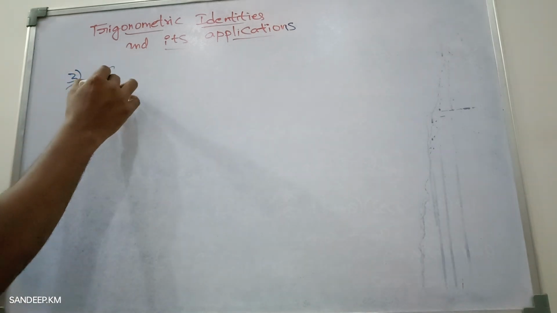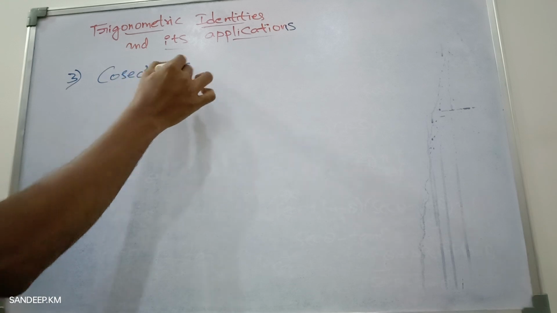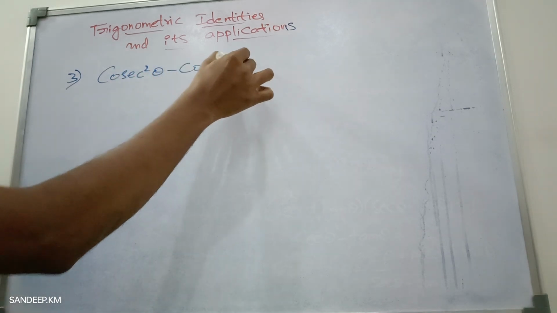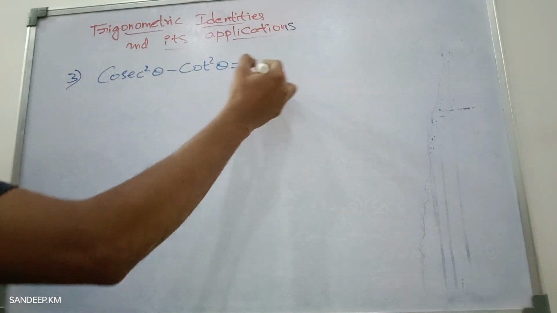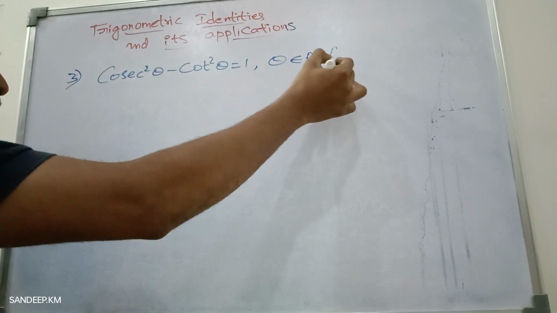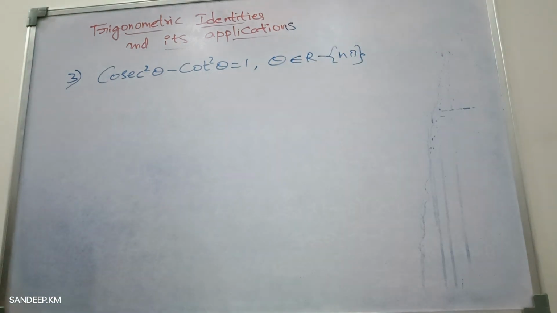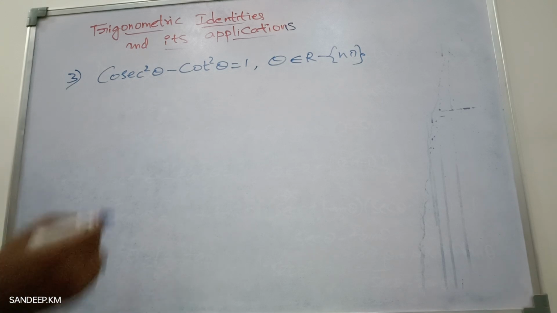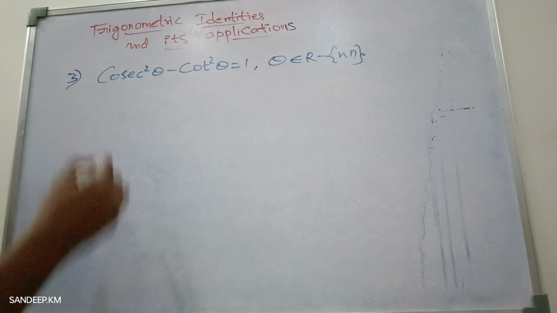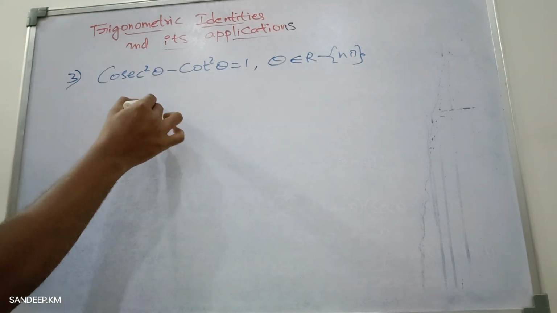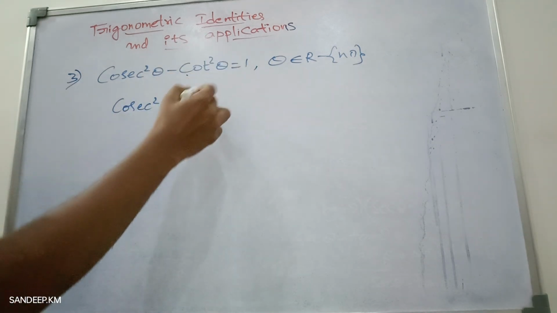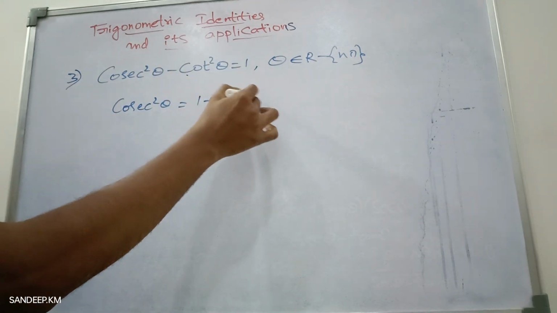In the third identity, cosec square theta minus cot square theta is equal to 1, right? Where theta can be any real number except multiples of pi. And the first way of using it in problems is what? Cosec square theta is equal to, by transposing to the right side, 1 plus cot square theta.